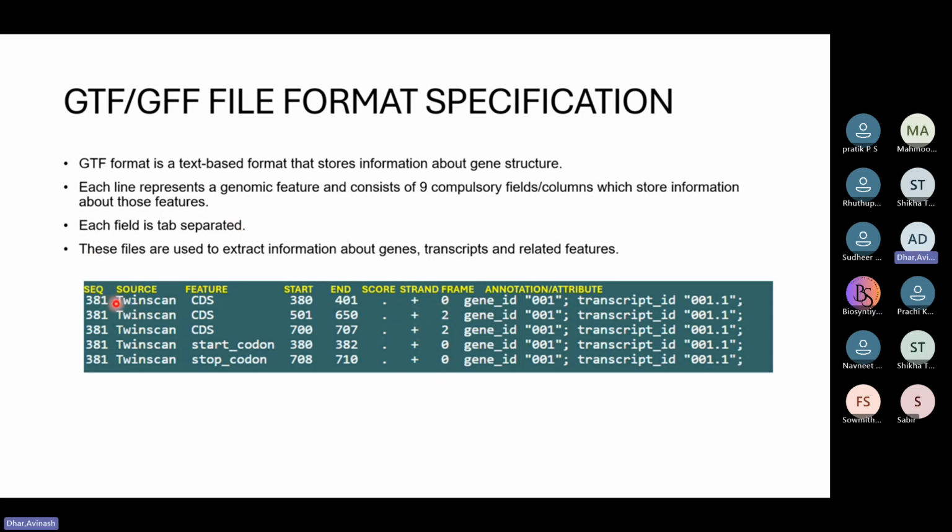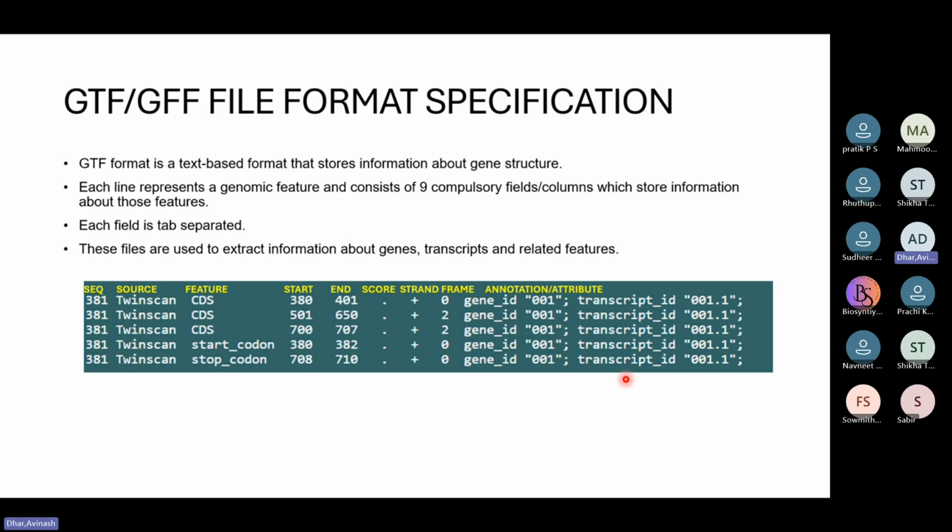Each of these fields or columns is tab separated, so between two entries, the separator is a tab. Every piece of information related to your genome or a gene or a sequence can be extracted from its corresponding GTF file.